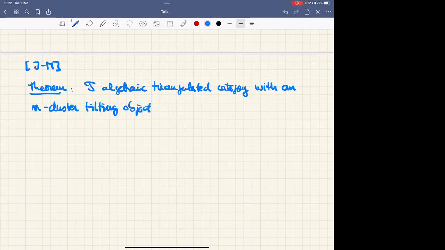Then T has a unique enhancement up to Morita equivalence.